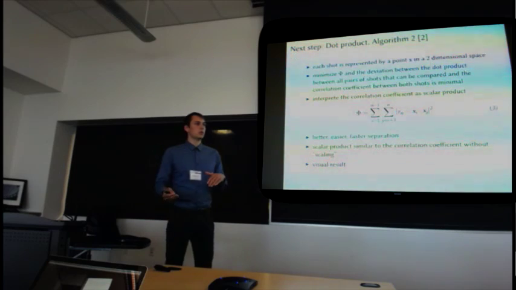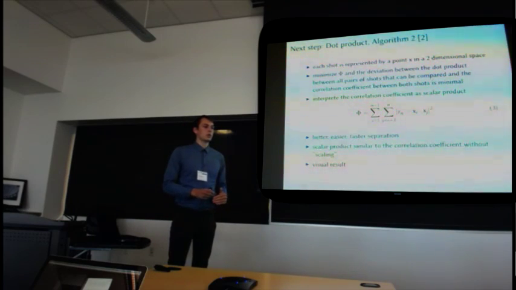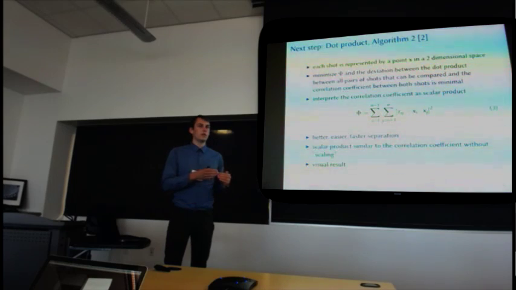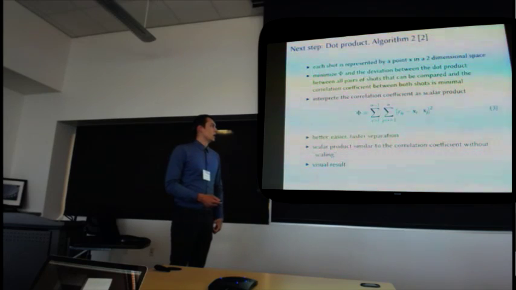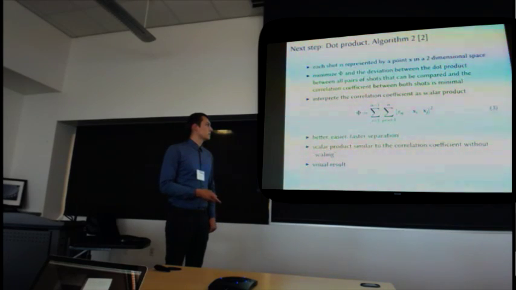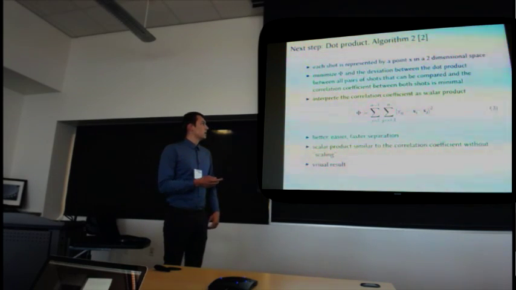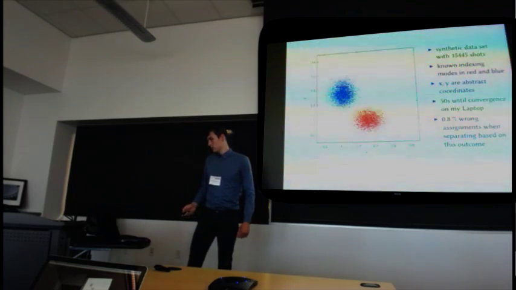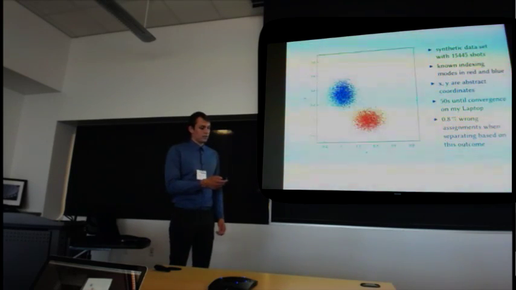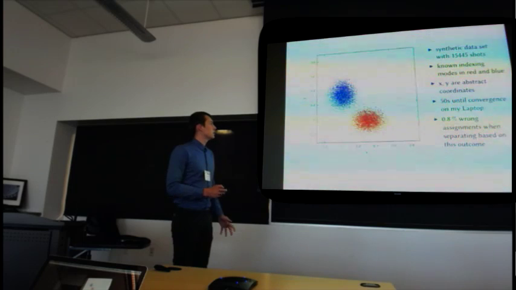So we try to represent the shots, which have a very high dimensional but sparse space of all the intensities, in a 2D space. And this works much better and has some very nice properties, and some of them I want to highlight.